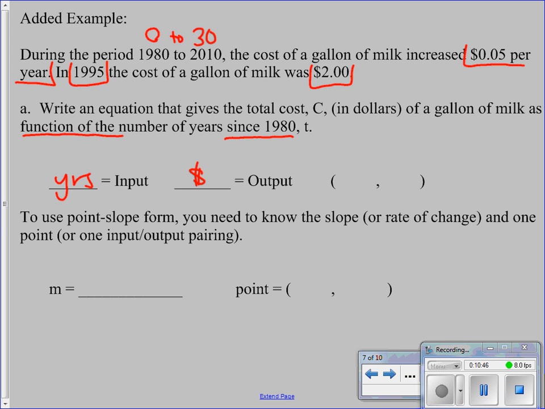Now, if 1995 is my year, how many years is that after 1990? Well, it's 15 years. So 15 is actually my input value because 1995 is 15 years after the start, and it was $2. So my slope is 5 cents per year, and my point is 15 years, it was $2.